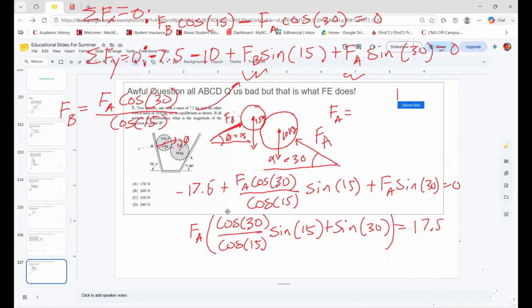FA equals 17.5 divided by (cosine of 30 divided by cosine of 15, times sine of 15 plus sine of 30).